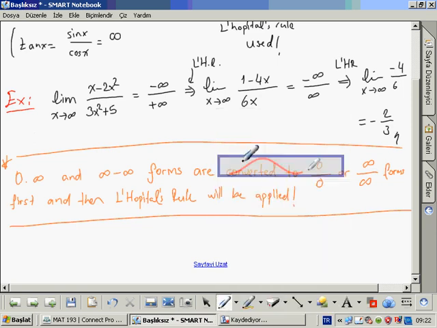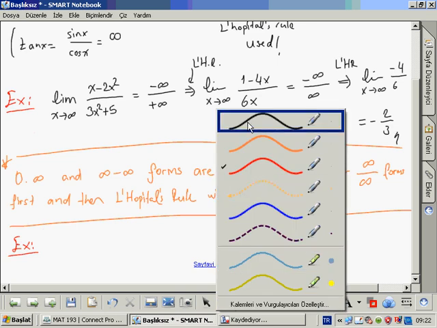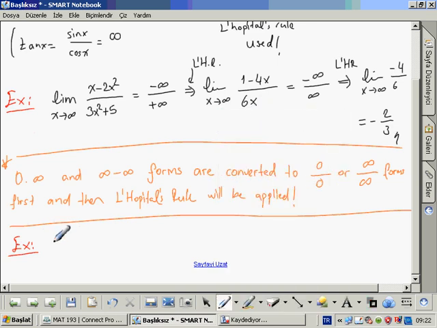Okay, example. Limit x equals to 0 from the right hand side, x times cotangent x, it equals 0 times infinity, we know that.